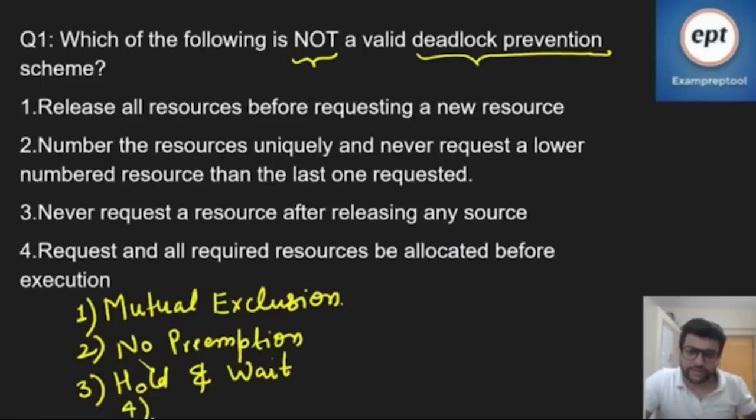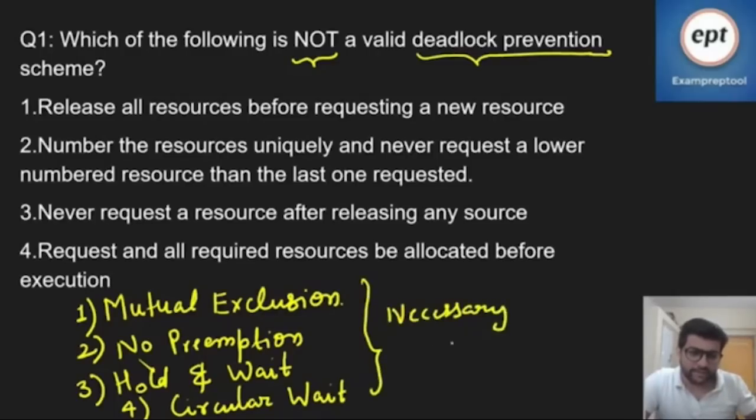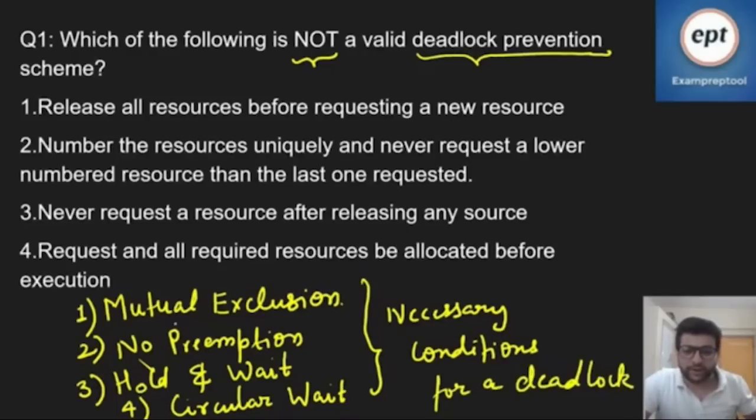The fourth one is circular wait. And we know that these four are necessary conditions for a deadlock, right? So if any of these four conditions are not met, then we cannot have a deadlock.